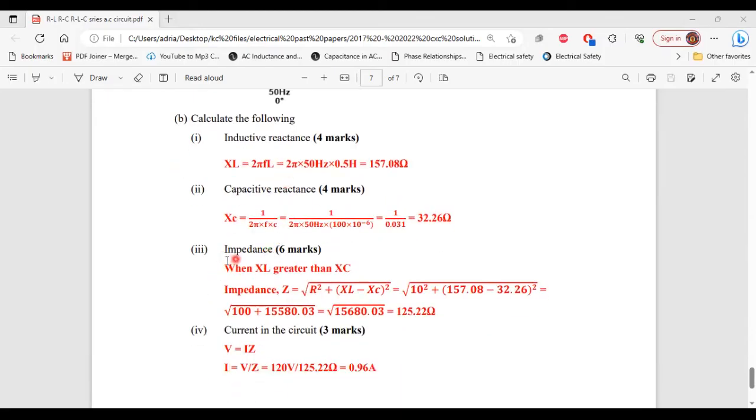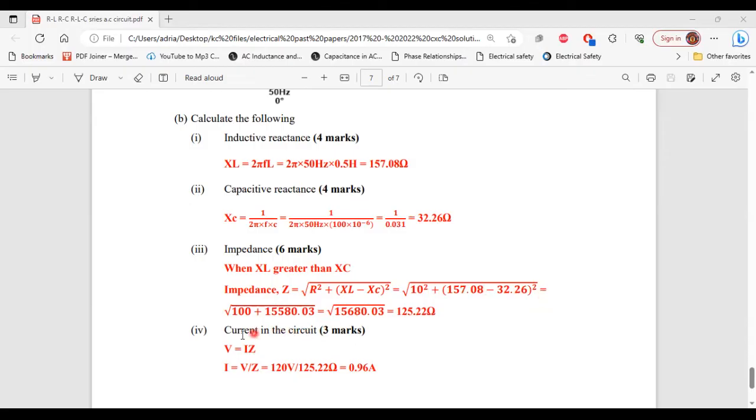It says to calculate the impedance. So when XL is greater than XC, impedance Z is equal to the square root of R squared plus in brackets XL minus XC squared. That will give us the square root of 10 squared plus in brackets 157.08 minus 32.26 squared.